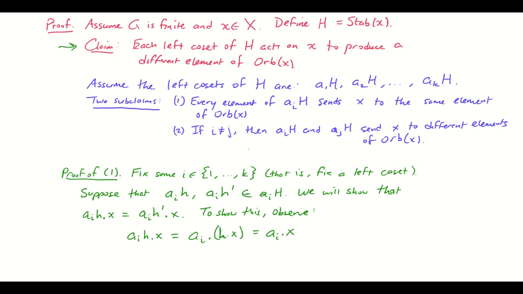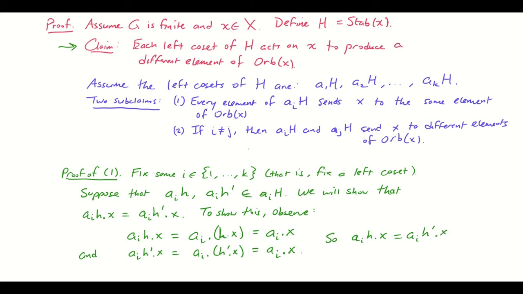So that's a_i acting on x. And I don't know what that's going to be, but I don't think I need to know, because now I'm going to say, well, what happens if a_i h' acts on x? Well, then I get the same thing as a_i acting on h' acting on x. And, well, again, h' belongs to the stabilizer, so that's just a_i acting on x. So these two are the same. So a_i h acting on x is the same as a_i h' acting on x.